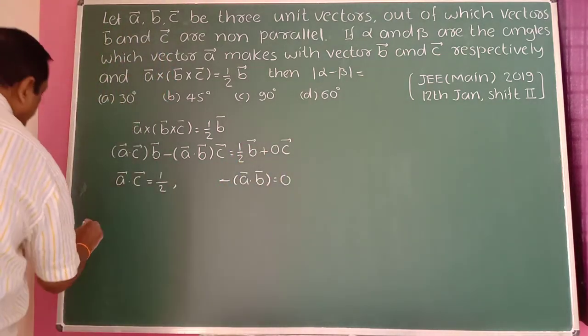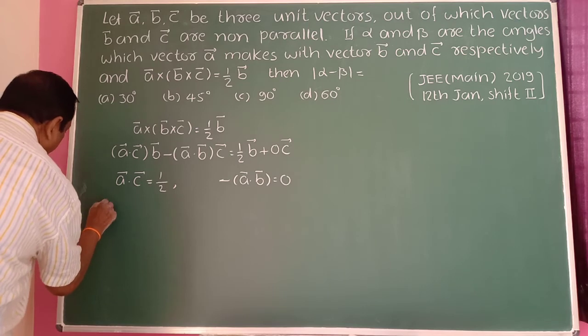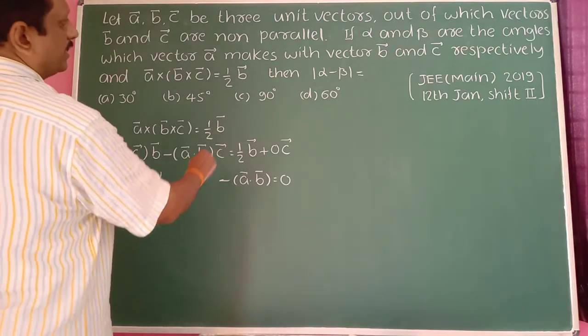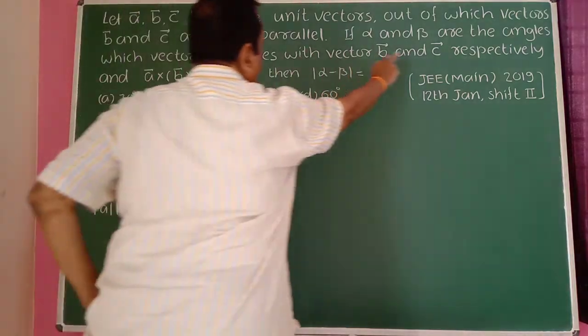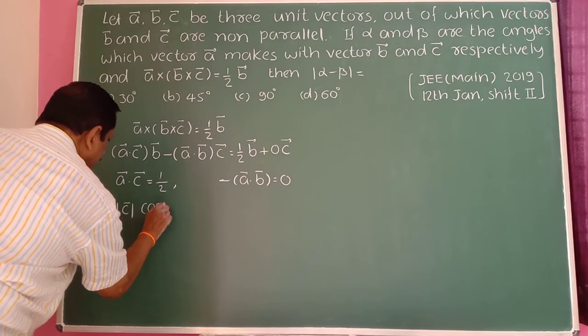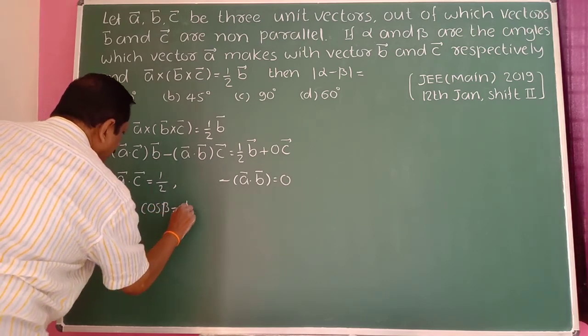So A bar dot C bar is modulus of A bar into modulus of C bar into cos of the angle between A bar and C bar, which is beta. So cos of beta is equal to 1 by 2.